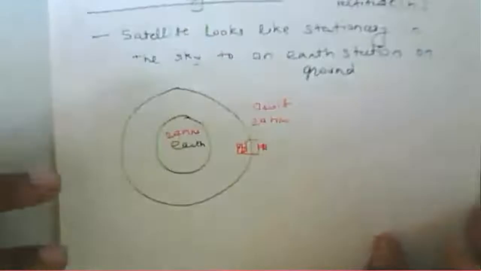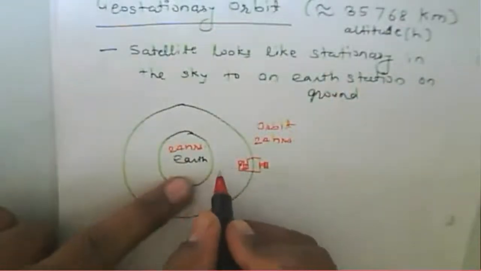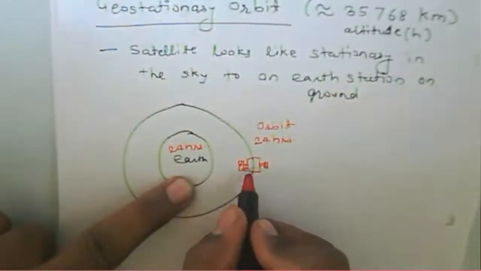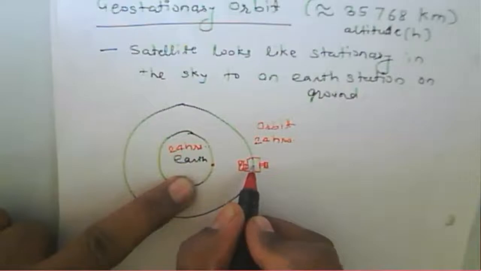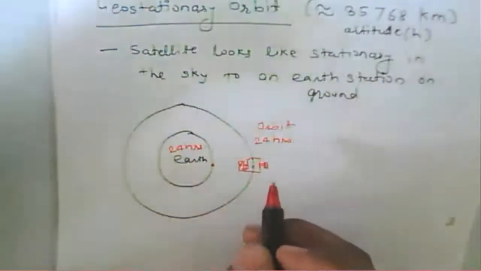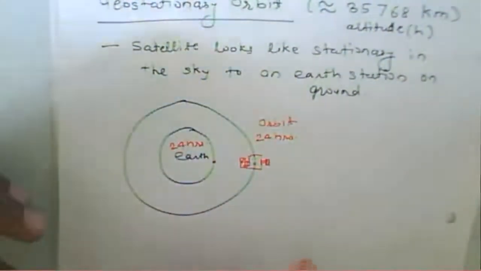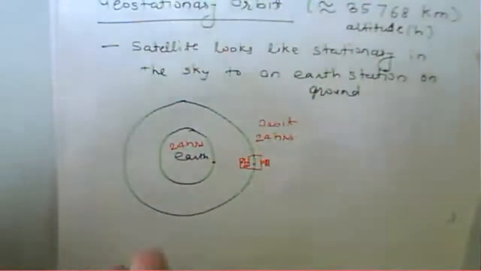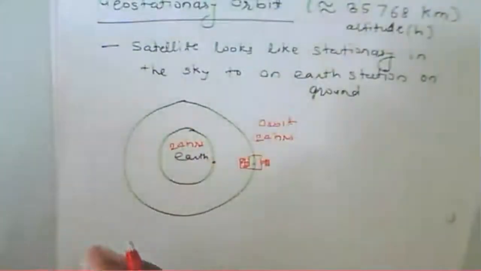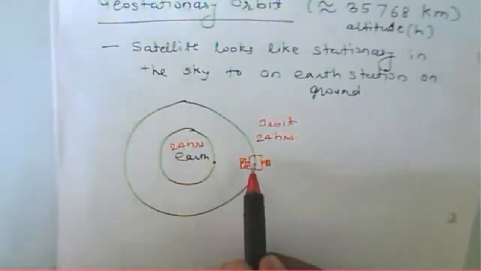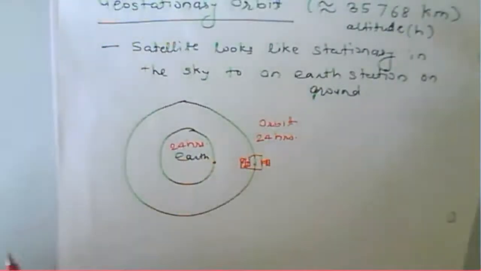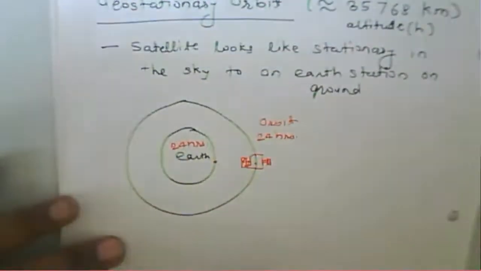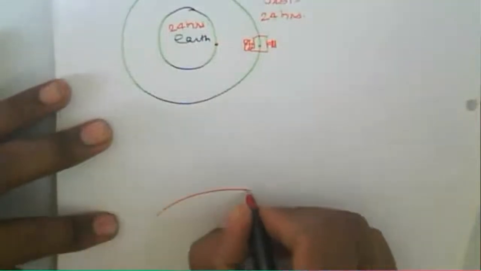Now it is about synchronous, but what is the difference? From the Earth observation point, from this particular point, the satellite will look stationary. It is fixed at that particular point. The Earth is rotating, and at the same time the satellite is rotating.